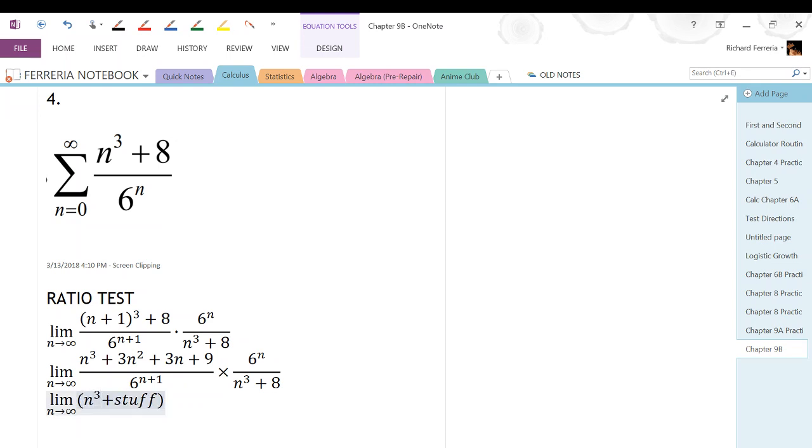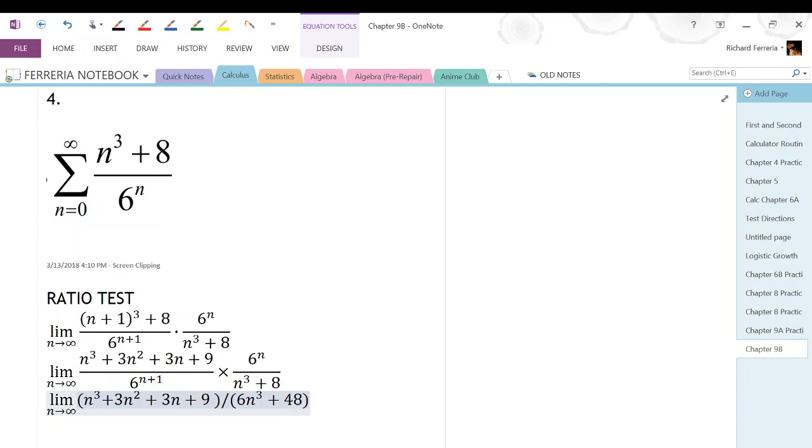Okay, I really shouldn't do that, should I? That's nice. 3n squared plus 3n plus 9 divided by 6n cubed plus, what's 6 times 8? 48?